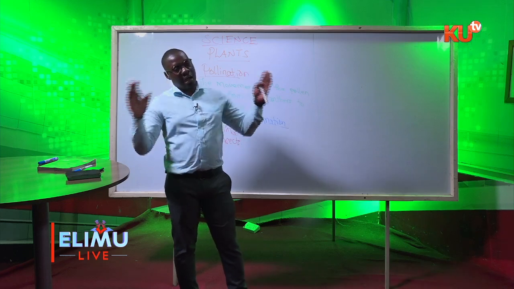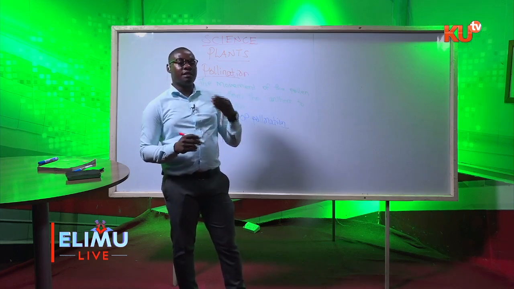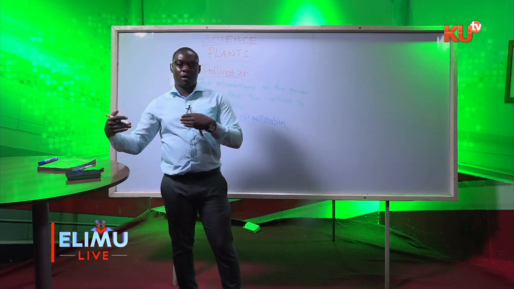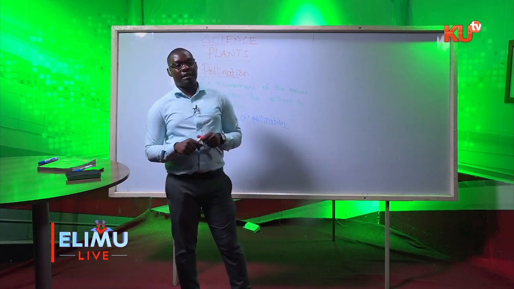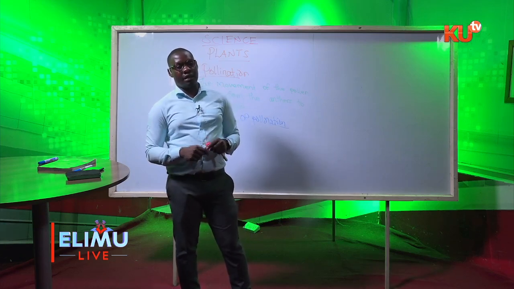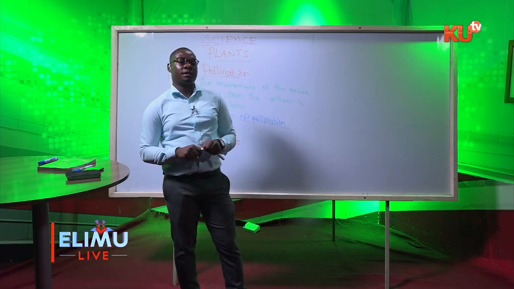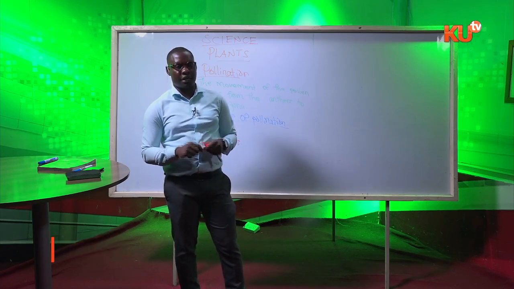Characteristics are how the things are. Why will this one be big and this one small? Why will this one be bright and this one dull? So that leads us to the characteristics of insect-pollinated flowers and wind-pollinated flowers.